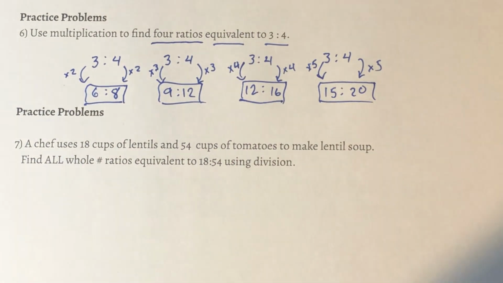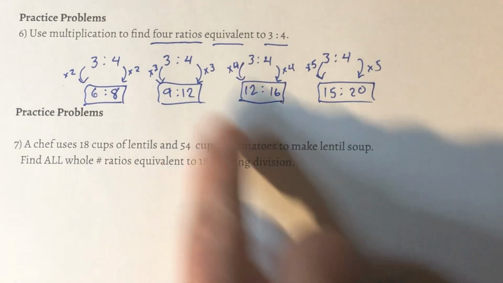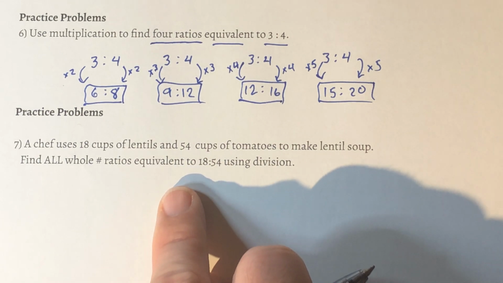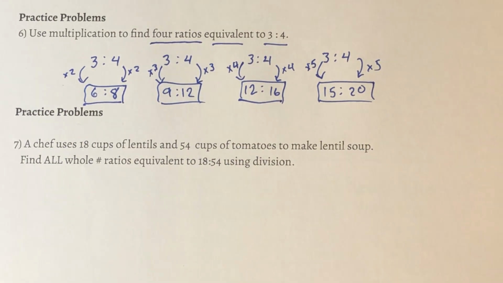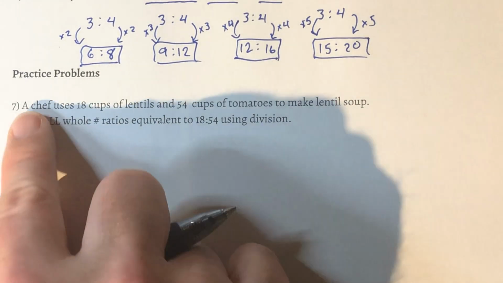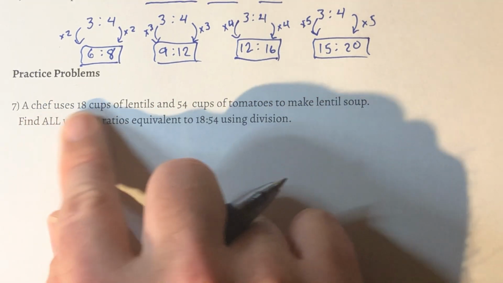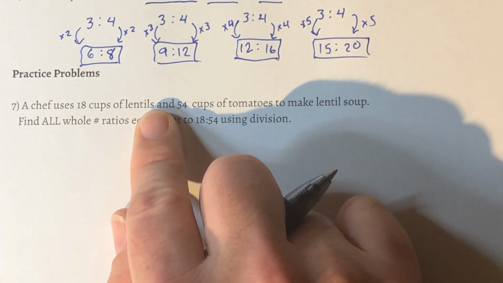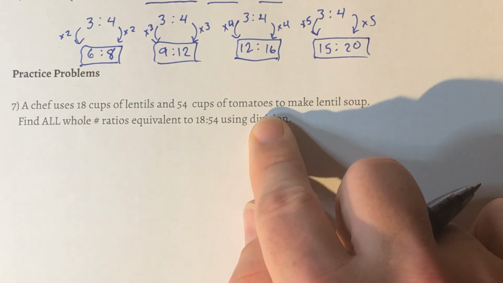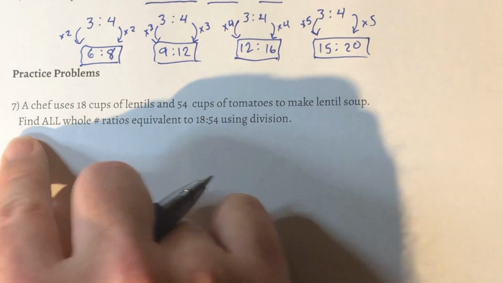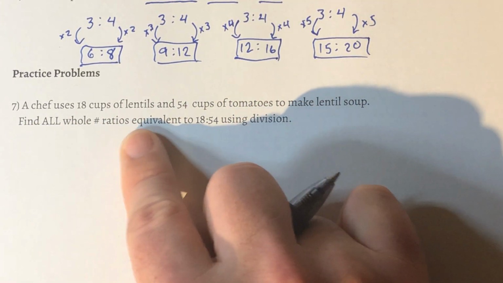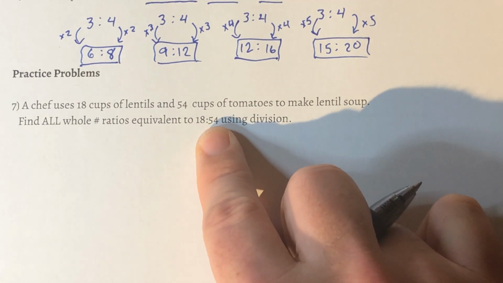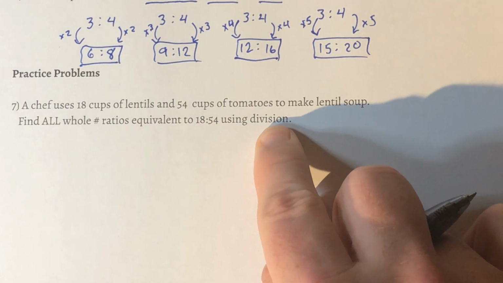Now, why would you want to do stuff like this? Well, we're going to explain in this answer down here. Say you have a chef and he uses 18 cups of lentils and 54 cups of tomatoes to make lentil soup. We want to find all whole number ratios equivalent to 18 to 54 using division.